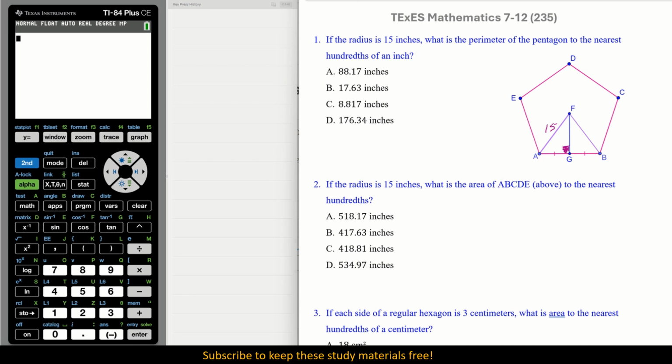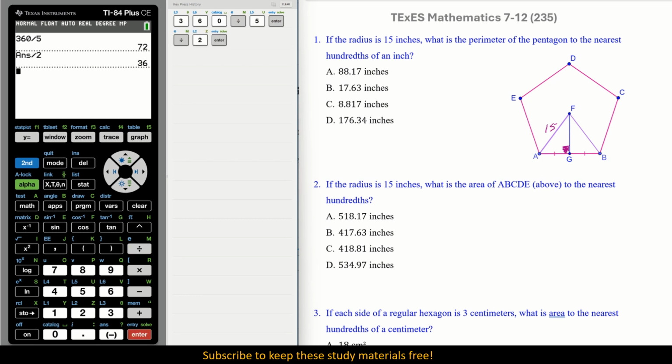So because I have 5 sides, if I take 360 and divide it by 5, I know the central angle is 72. And I need the angle of that triangle, the angle by F, so I'll divide that by 2. And that gives me 36. So I know that also here, I'll put an arrow, that's 36 degrees.